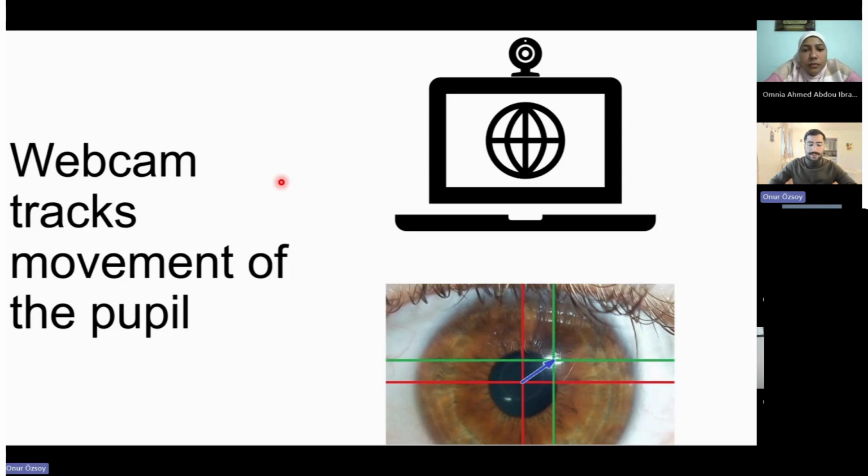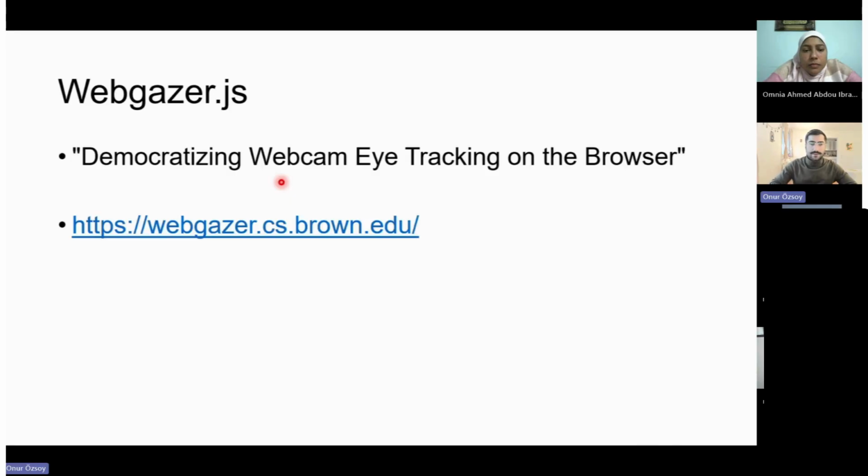And in most of the studies that I'm aware of in psycholinguistics, people are using WebGazer.js, WebGazer JavaScript, which has the subtitle Democratizing Webcam Eye Tracking on the Browser. It actually comes from, I think, business psychology, but has been adapted in linguistics quite commonly.